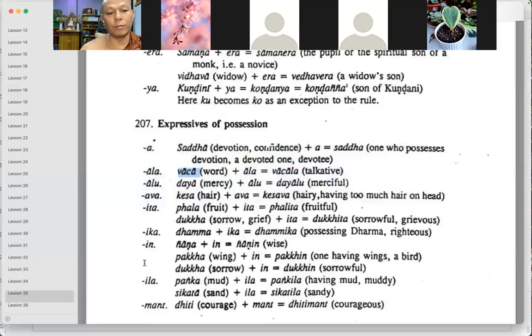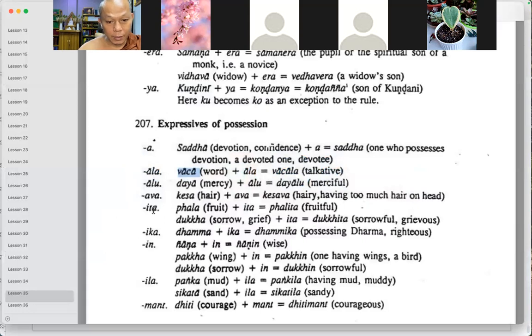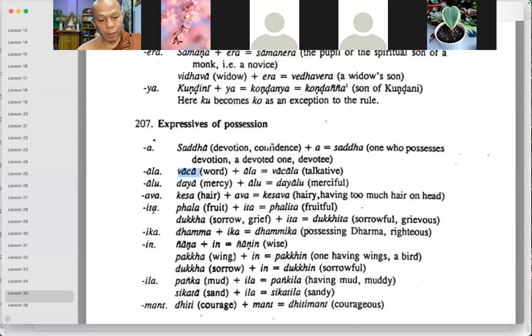And another suffix is alu. So with the alu, actually daya. So that daya is also feminine gender. So the meaning of daya is compassion or mercy. Yeah, mercy.